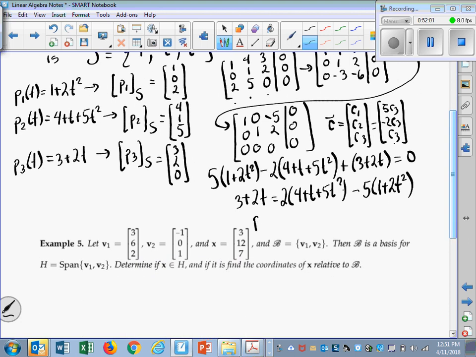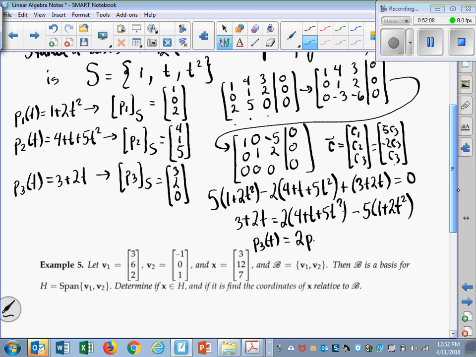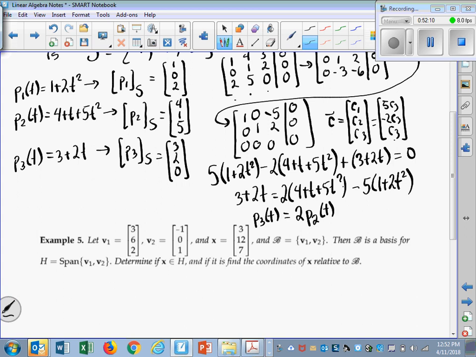All right, so this is a dependence relation for the polynomials. This implies the polynomials are linearly dependent. Notice that we wrote P3 in terms of P1 and P2.